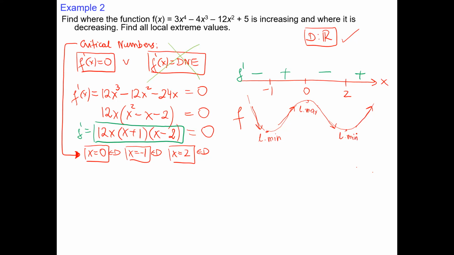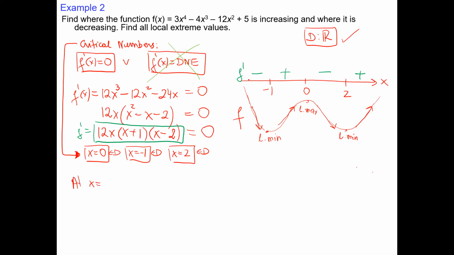Please make sure that you know how to place this green sign. That's the sign of the derivative, and we almost have the shape of the function. We still don't know the corresponding y values.